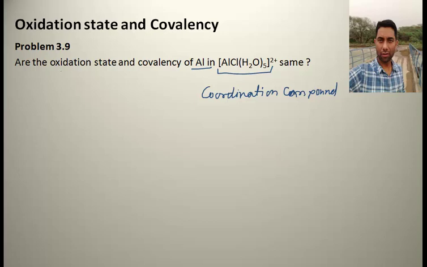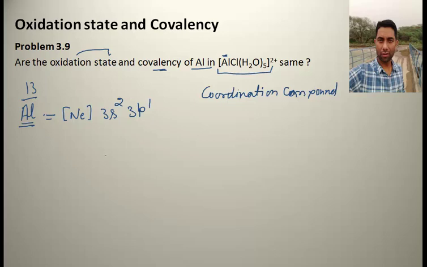Now what's the question? The oxidation state. First we have to calculate the oxidation state of aluminium, and secondly we will find its covalency. So first of all, aluminium belongs to which group? Group 13, below boron. Atomic number is 13, right? Electronic configuration will be neon, then 3s2 3p1.